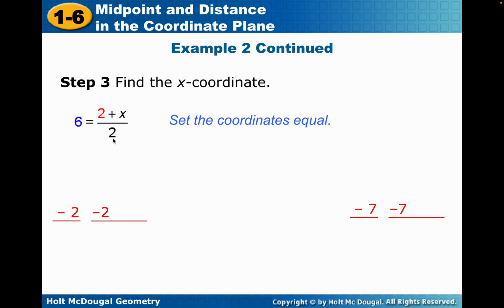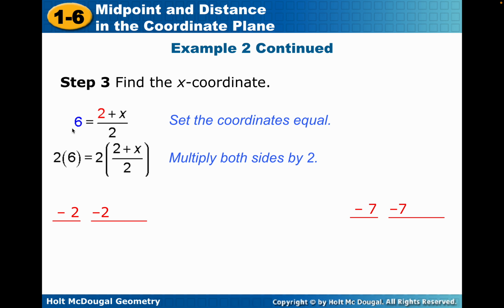So what we have to do first in order to get x by itself eventually is multiply both sides by 2. So when we multiply both sides by 2, we're going to multiply this side by 2 and this side by 2. So that's going to give us 12 equals 2 plus x.